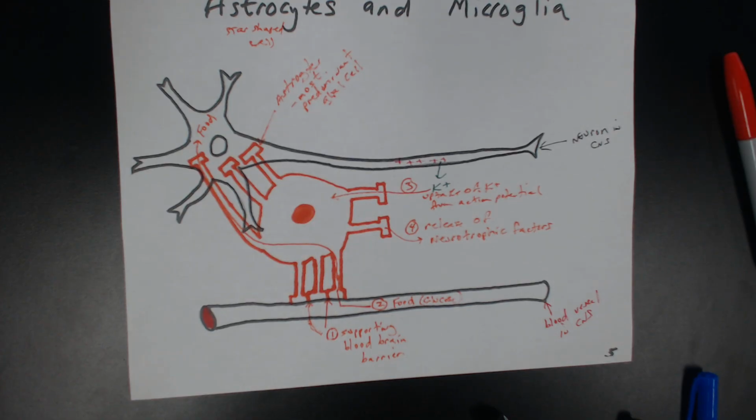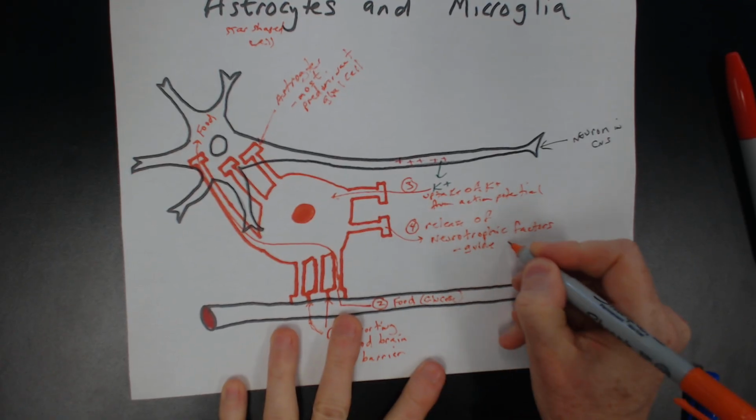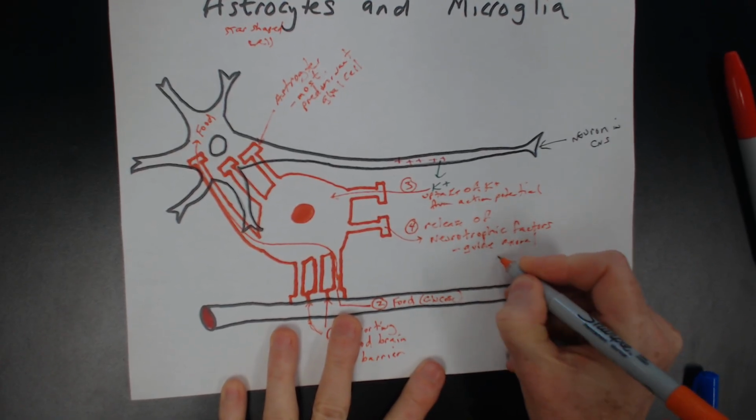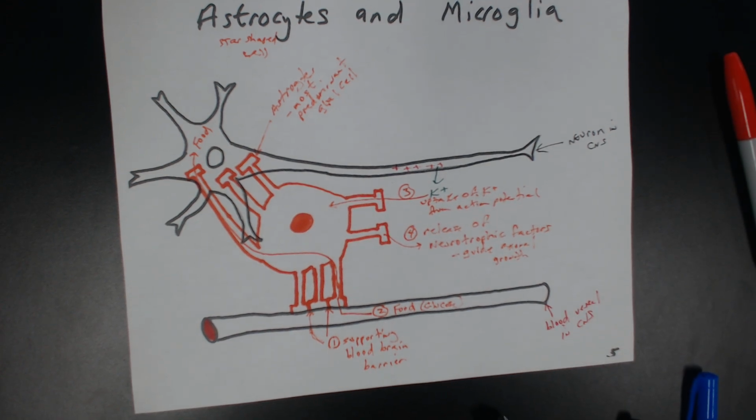Okay, so they're going to help guide axonal growth. You can imagine the patient has had an ischemic stroke, and that part of the axon died. It's no longer working.